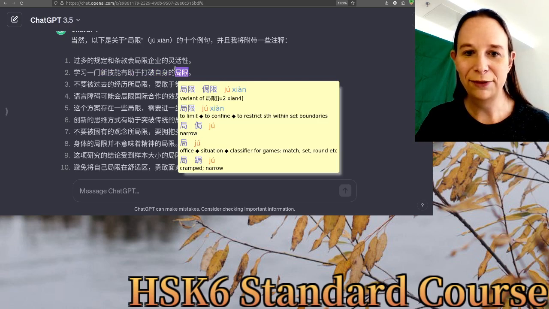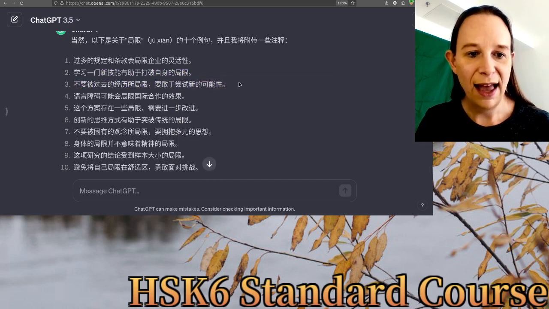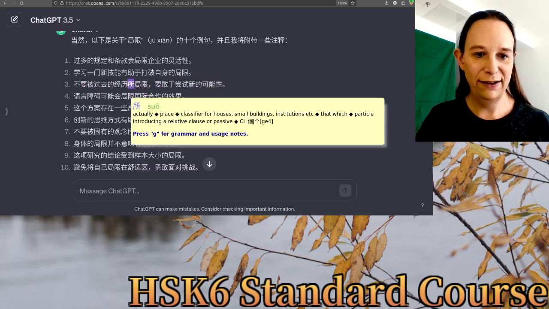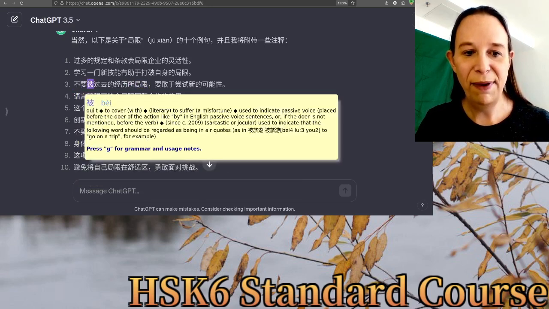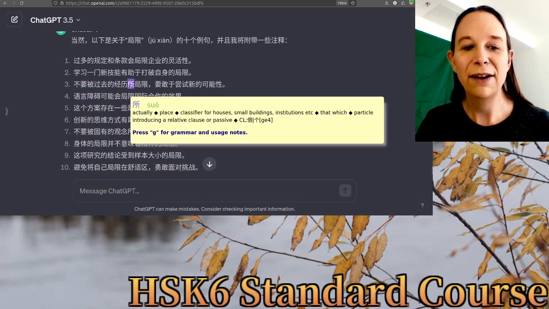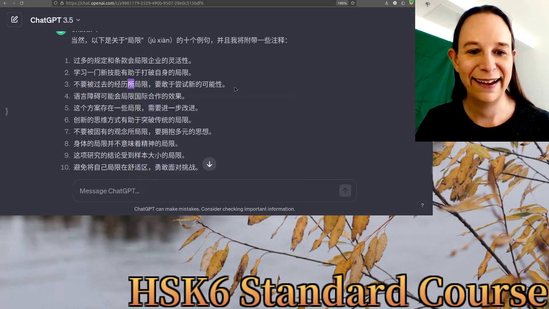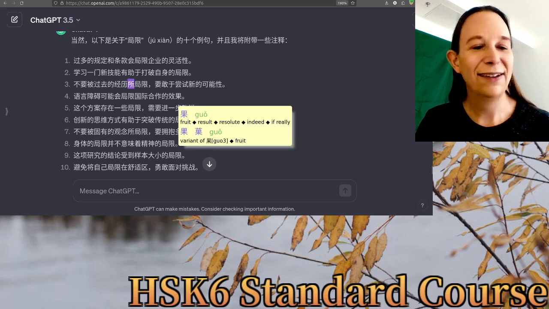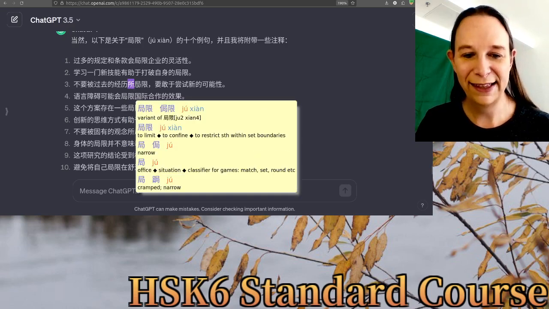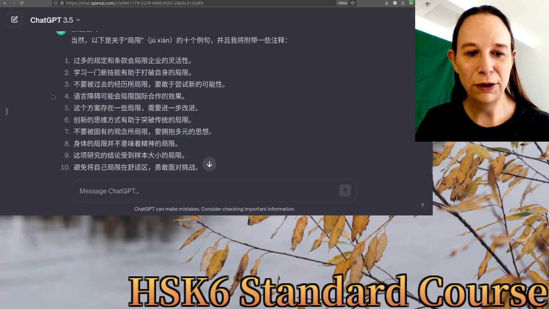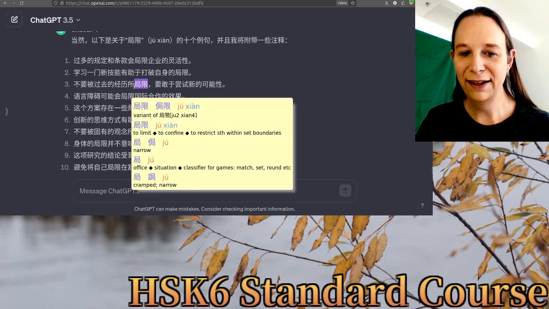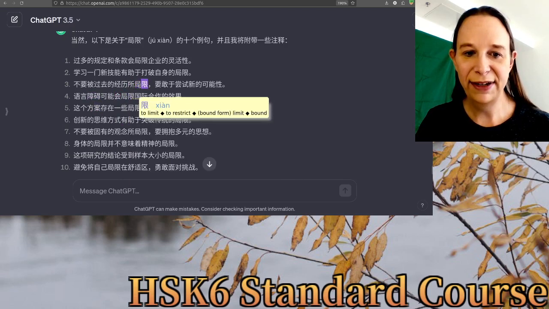This is like boundaries or confinements. 不要被过去的经历所局限. Yeah, so 被所, this 所 is saying the next word is a verb. So this is a verb. 不要被过去的经历所局限. So don't be restricted by past experiences.